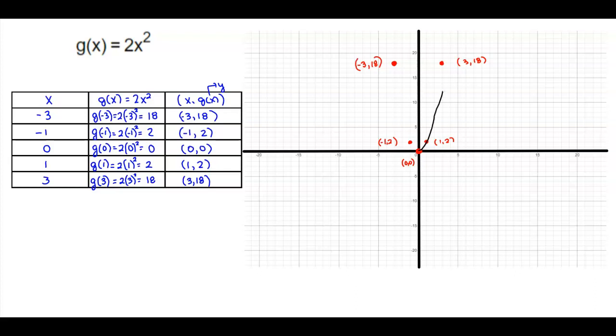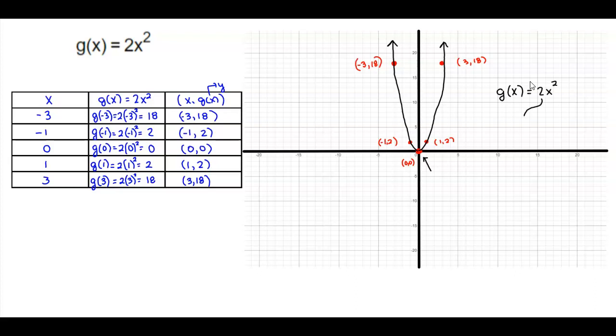So now what we want to do is graph this. When we graph this, we're going to graph a parabola function. And so this graph is going to be the following. We have g of x, which is equal to 2x squared.